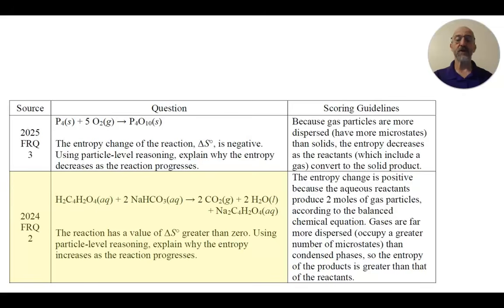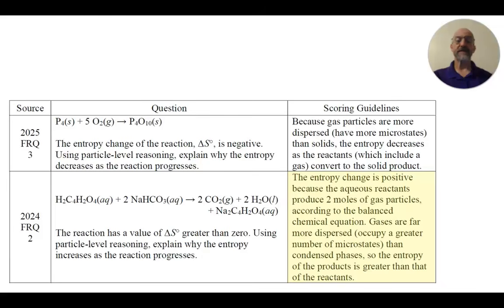So here are the official scoring guidelines from this part of free response question 2 from the 2024 AP Chemistry exam. It said, the entropy change is positive because the aqueous reactants produce 2 moles of gas particles according to the balanced chemical equation.